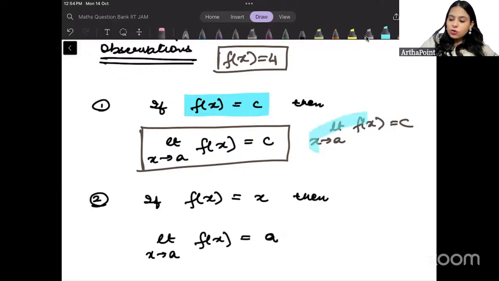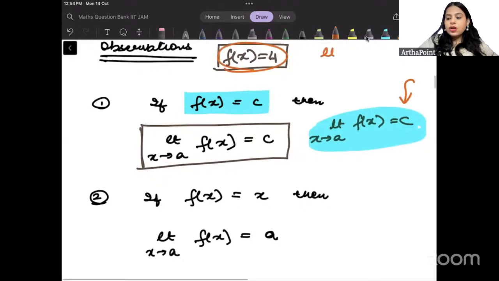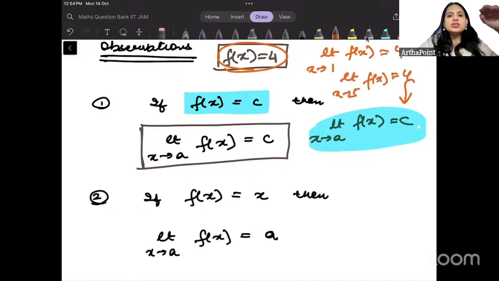So the limit of a constant function is that constant itself. If f(x) is equal to 4, whether I put limit x tends to 1 of f(x) or limit x tends to 5 of f(x), the answer will always be 4 because the value of the function always remains at 4.